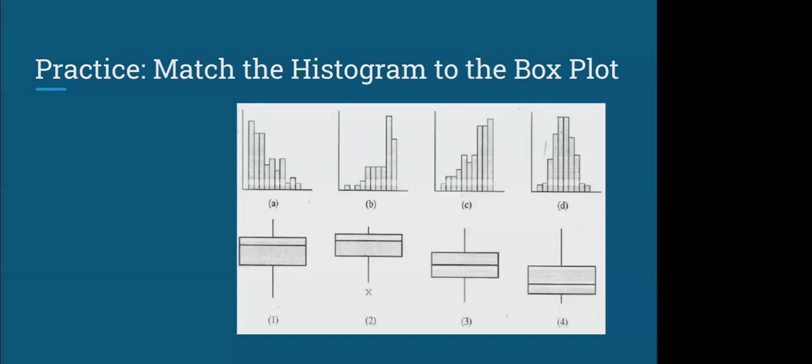So now, think about the characteristics of a box plot that is right skewed. What are you looking for? Is Q2 closer to Q1? Q2 is closer to Q1. Yep. And what else? What do we know about the whiskers? The whisker to the left is longer than the whisker to the right.